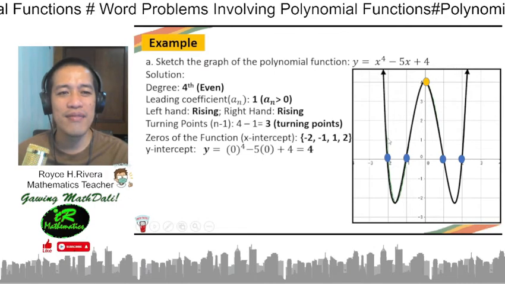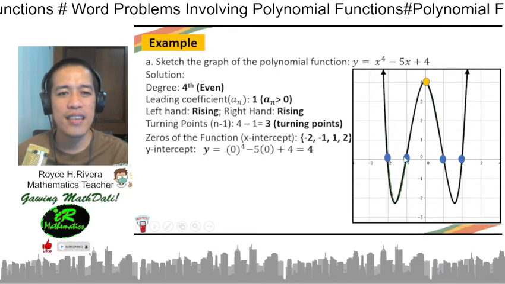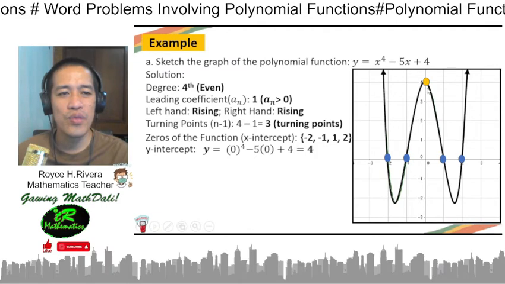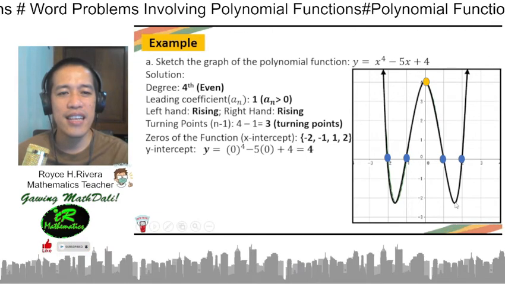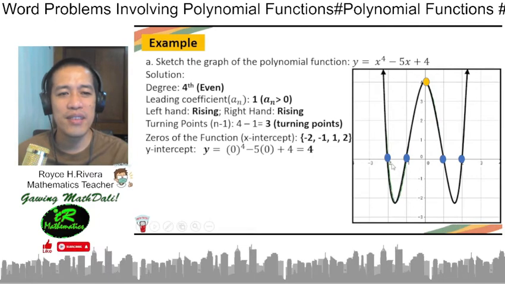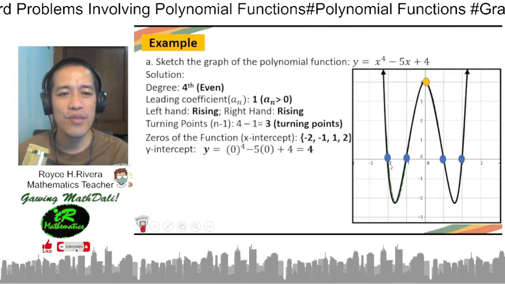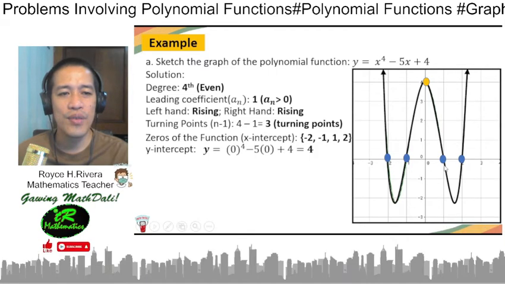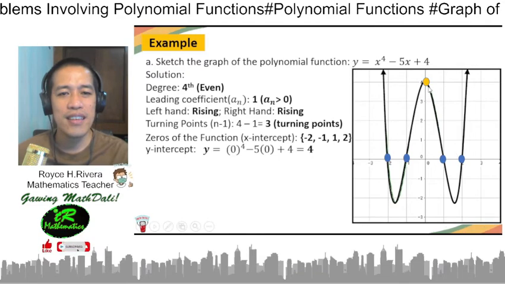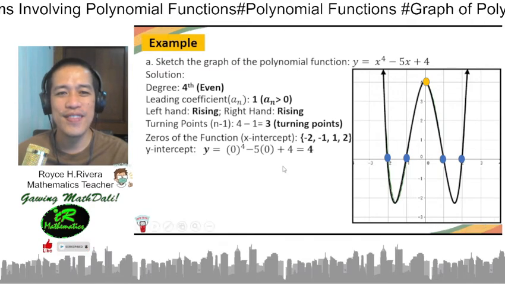Rising to the left, rising to the right, and it has 1, 2, 3 turning points. And here are the zeros of the function or x-intercepts: negative 2, negative 1, 1, 2. And we have the y-intercept at 4.